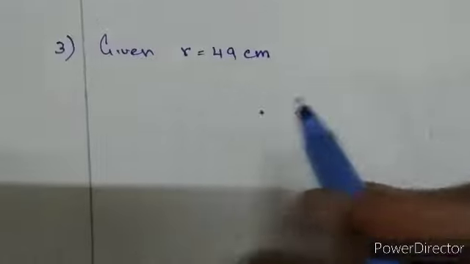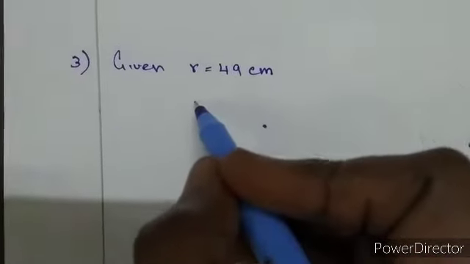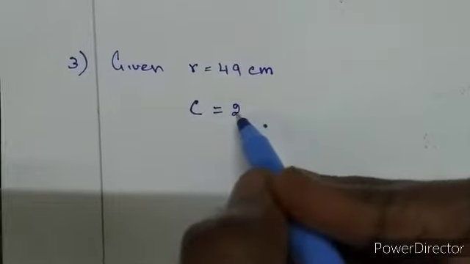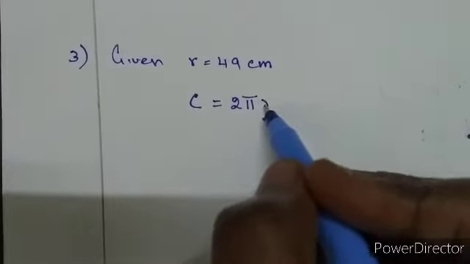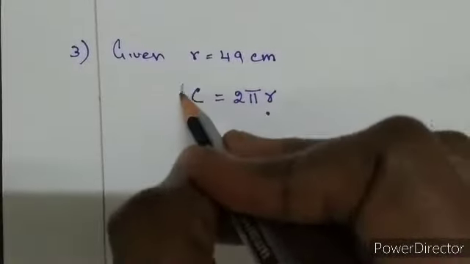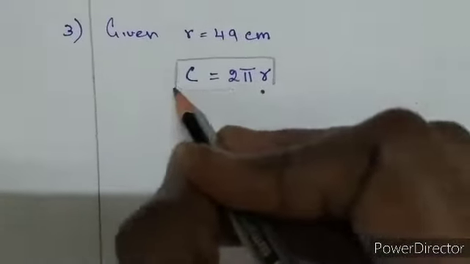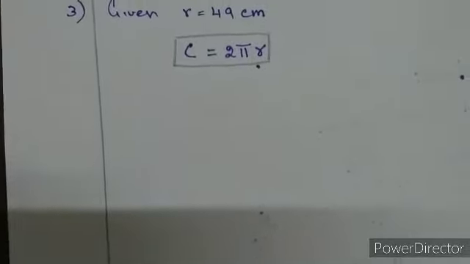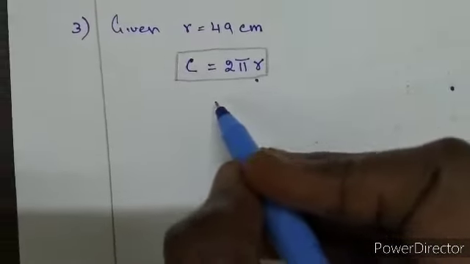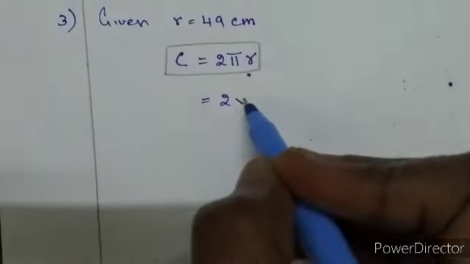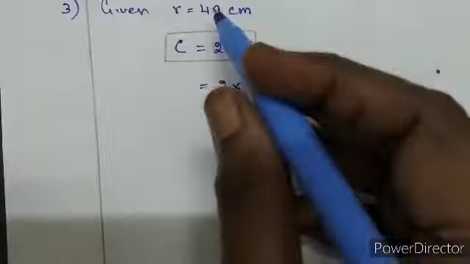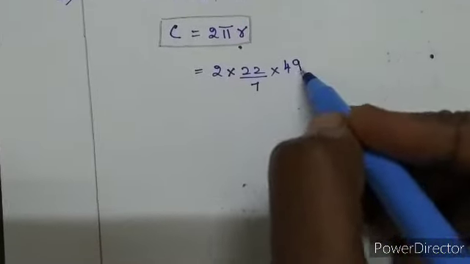What is the formula to find the circumference when the radius is given? Circumference is equal to 2 pi r. The formula is 2 pi r, that is twice the length of the radius, which gives you the diameter. Now 2 into pi value 22 by 7 into radius 49.